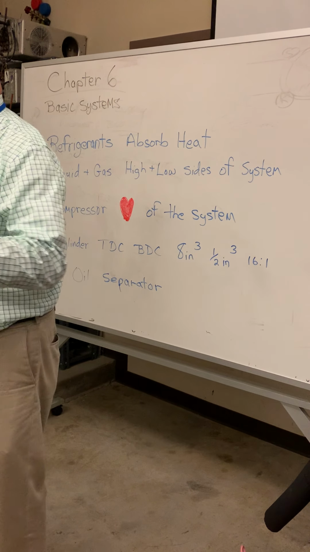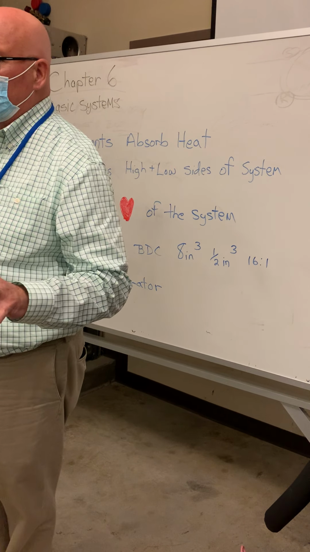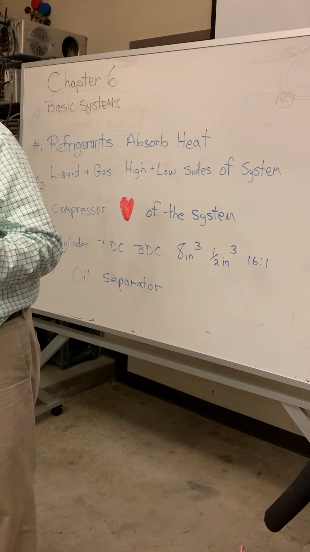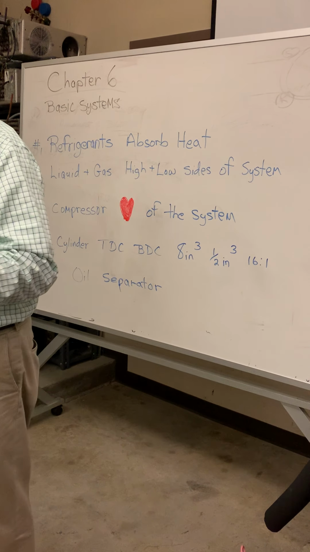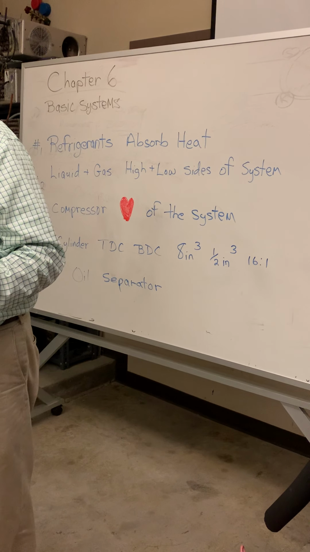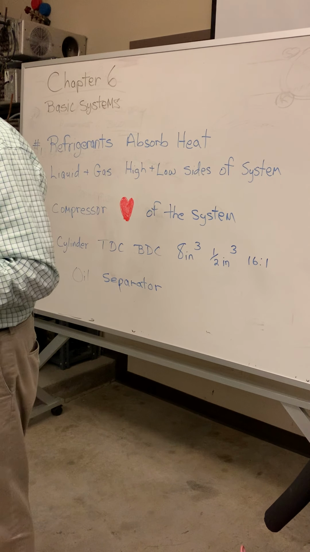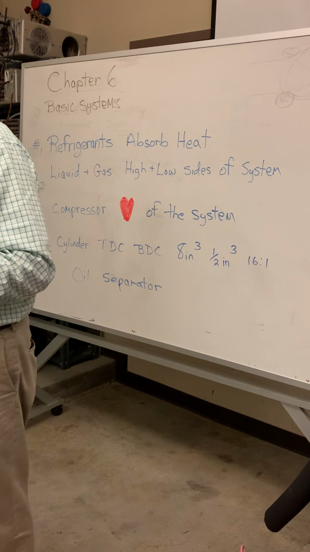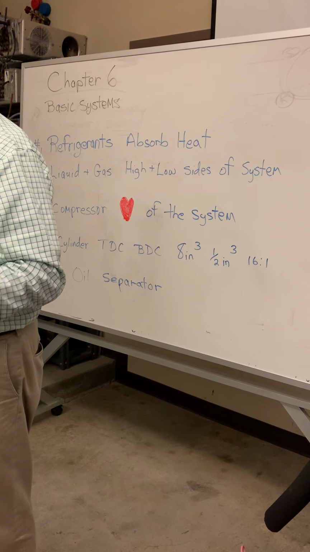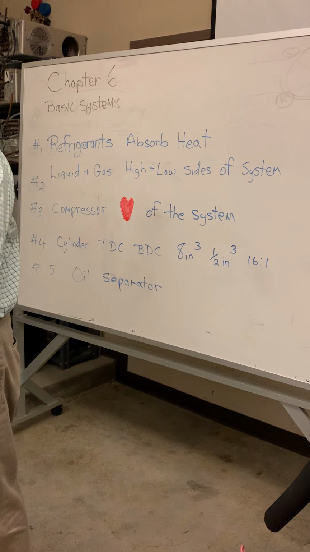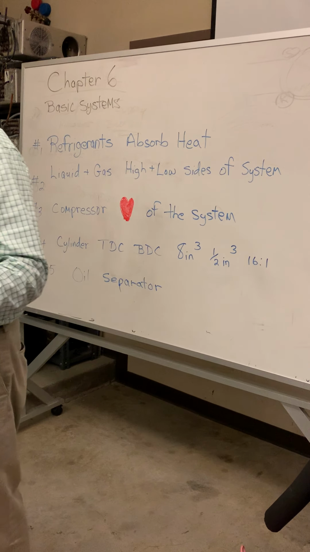So there is an application where we use a solid. Dry ice is interesting because it does not have a liquid state. It's one of the only things I can think of in nature that does not have the 3 states of matter. It goes from a solid to a vapor, to a gas.